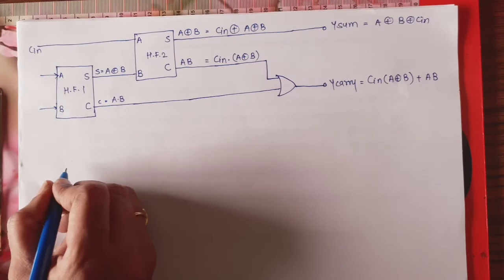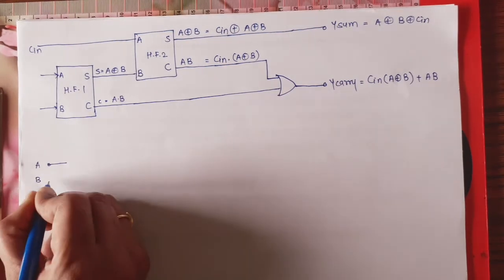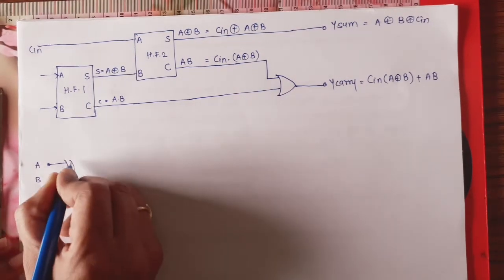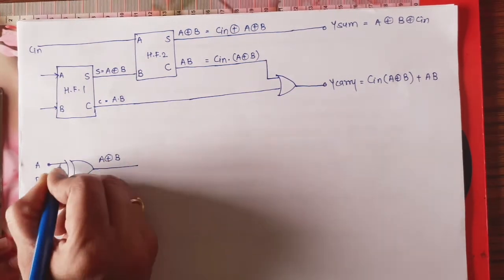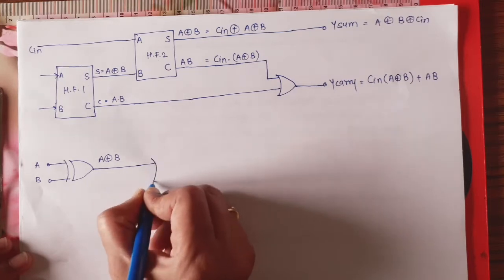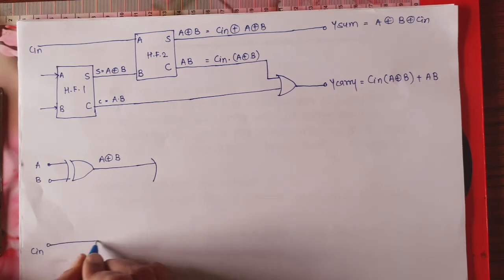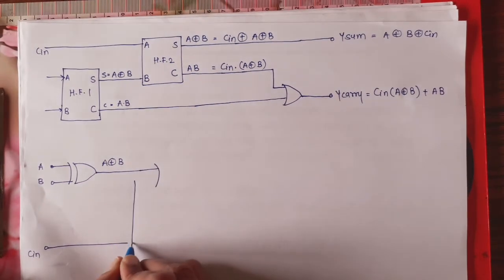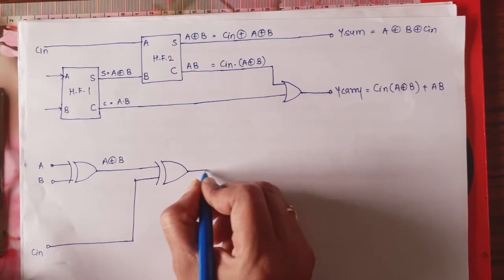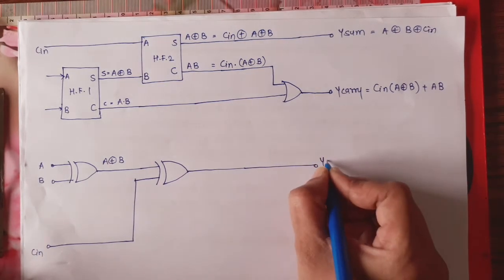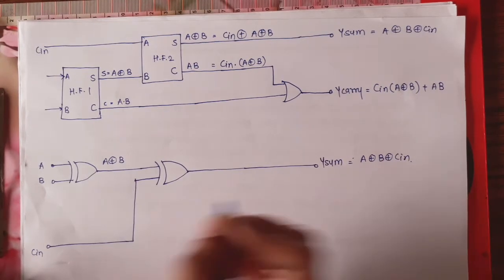Then coming to the circuit diagram, A and B, these are the two inputs which are XORed to get output A XOR B. Further, this is XORed with carry in, which gives output sum A XOR B XOR Cin.